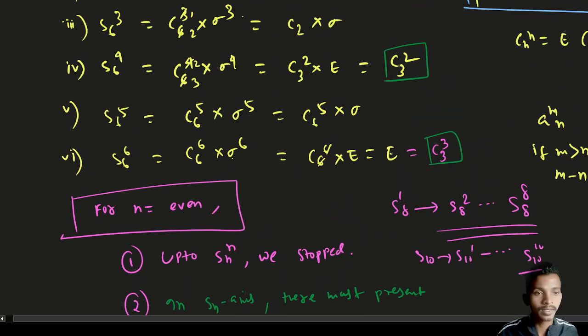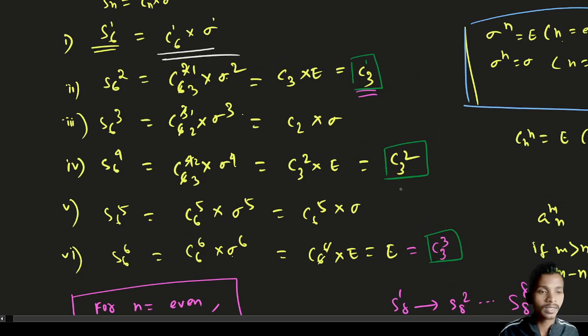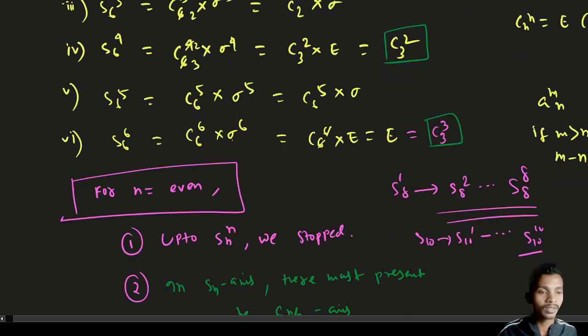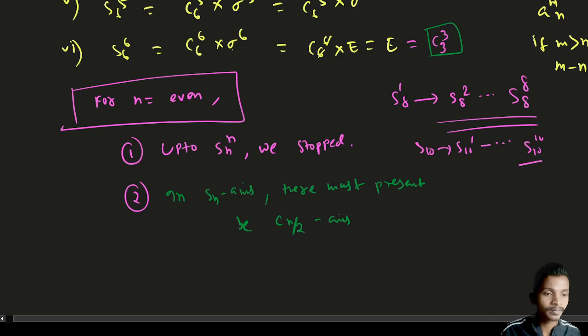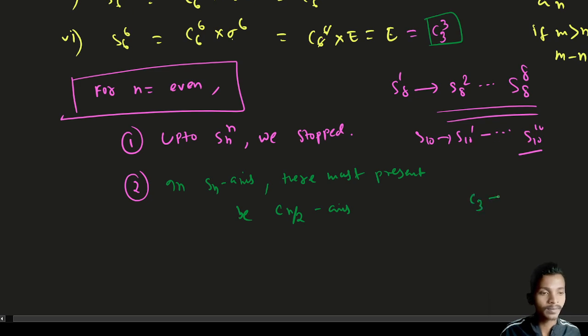See, this is C3 1, C3 2, C3 3. We know that C3 axis means C3 1 plus C3 2 plus C3 3. So these all are present, which means the C3 axis is present.